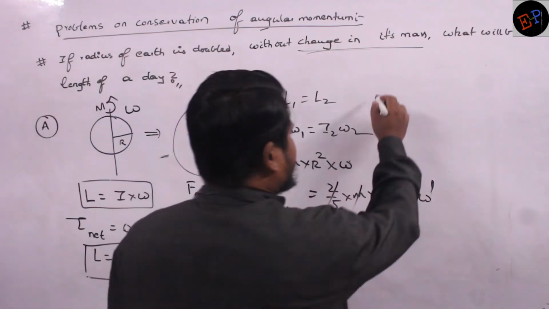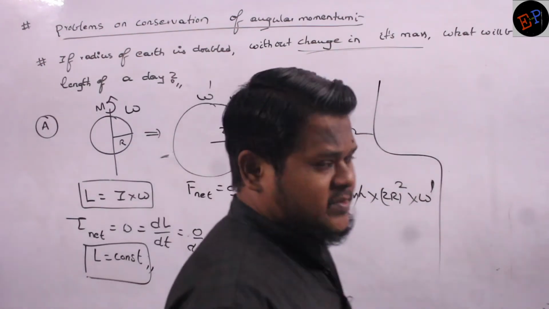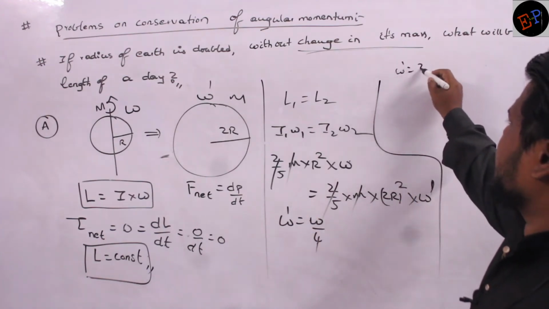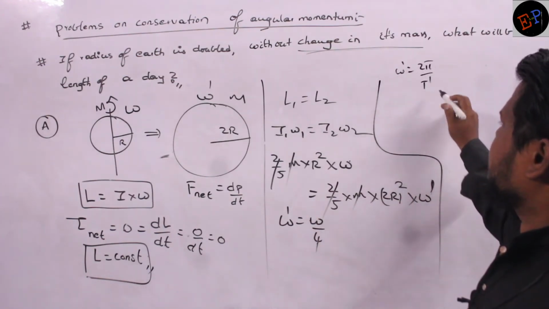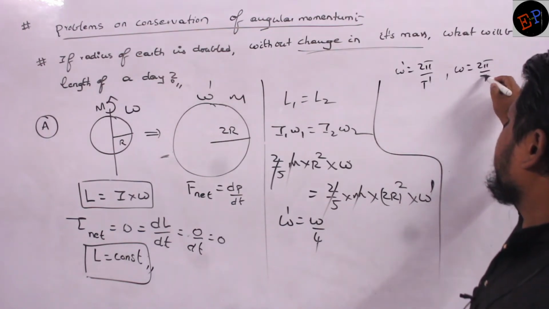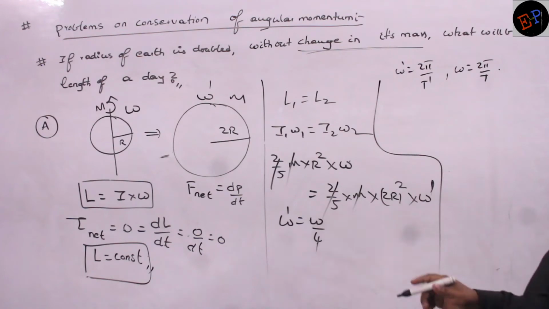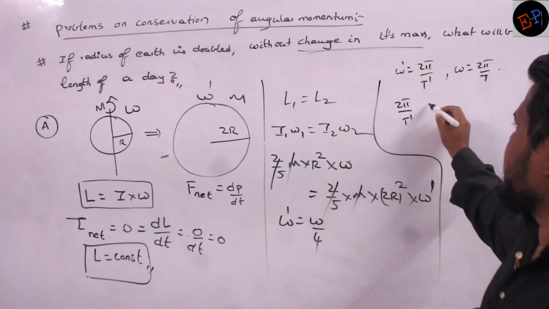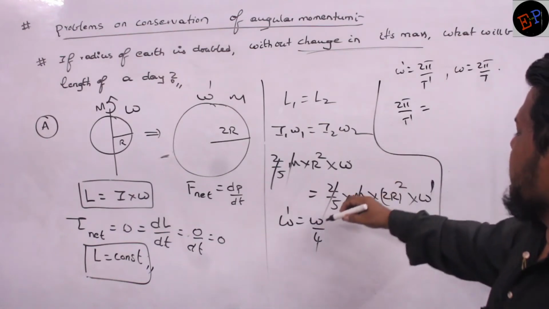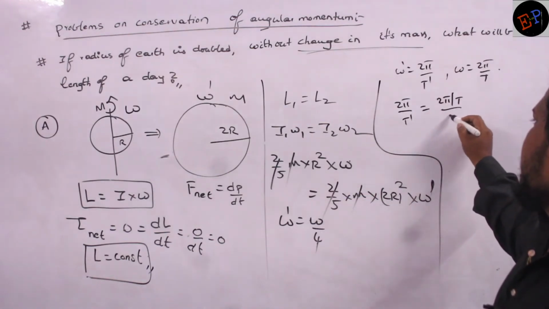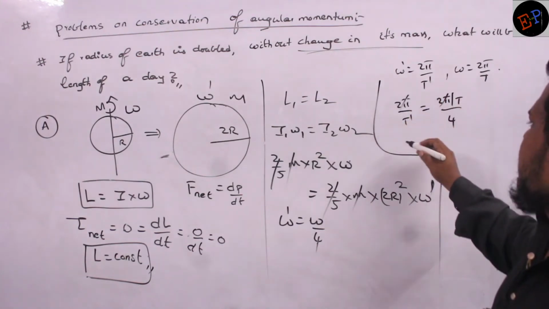How do we prove it? We know that omega dash is nothing but 2 pi by t dash. That's all, no? And I can write omega is equal to 2 pi by t. So substitute. Instead of omega dash, I will write 2 pi by t dash is equal to omega by 4, and omega is 2 pi by t divided by 4. 2 pi gets cancelled.